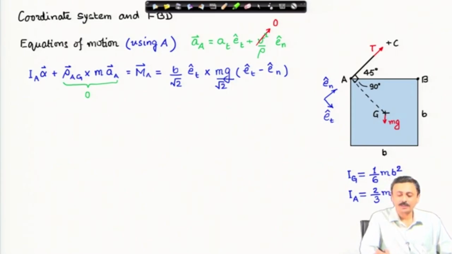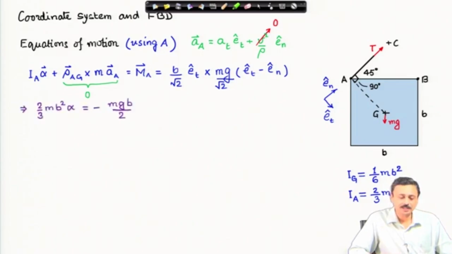Therefore, we have only the weight producing the moment. I have written out this moment arm, which is AG in the coordinate system I have chosen. Also, the weight of the plate is represented in the coordinate system chosen. These things are very essential to note.